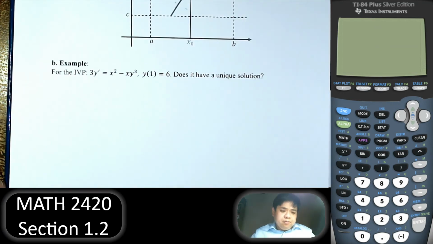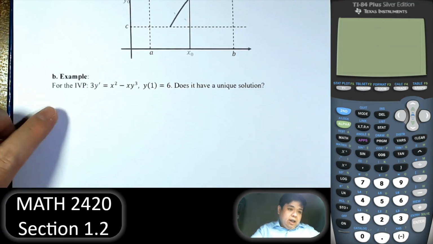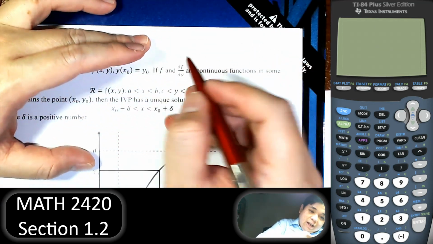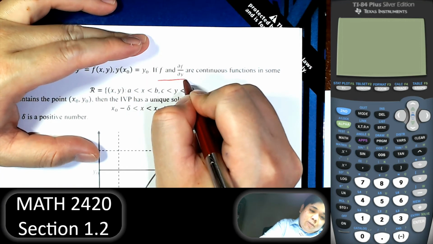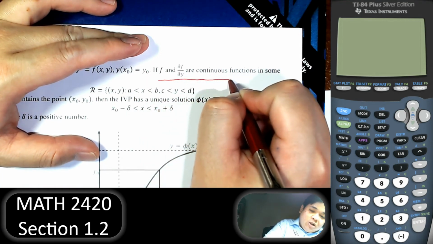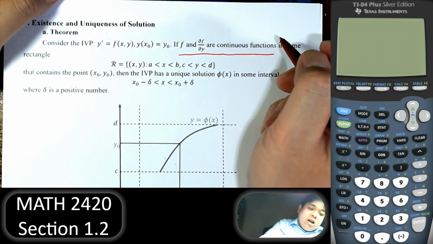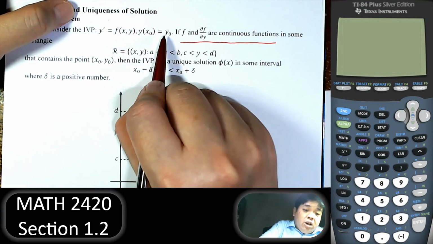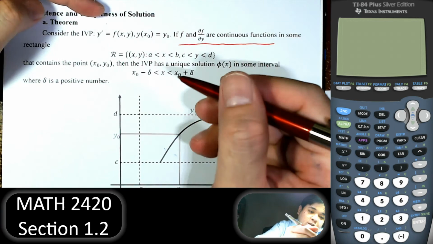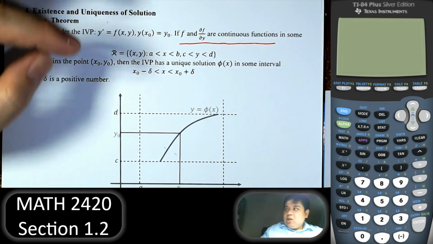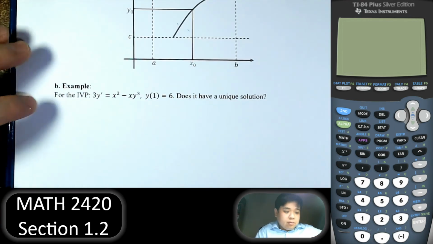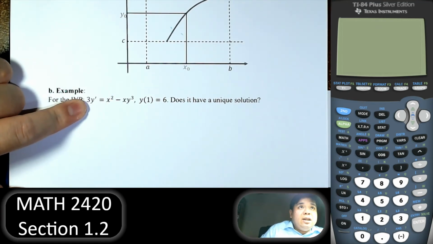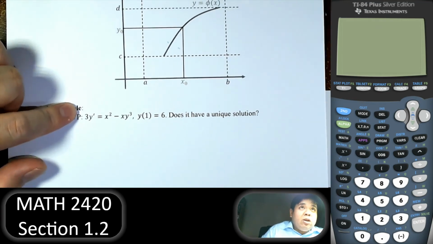Let's see how it works. The condition is that the function and the partial derivative with respect to y are continuous functions on an interval containing the point. Alright, so we have this initial value problem.